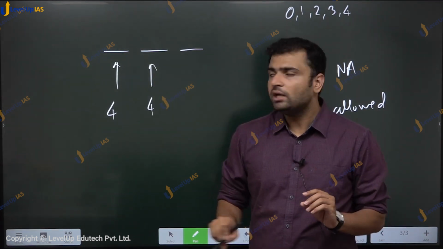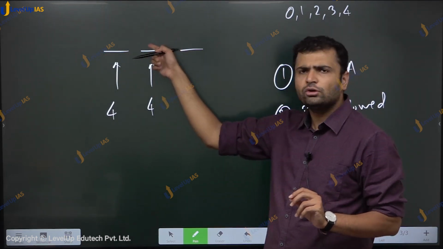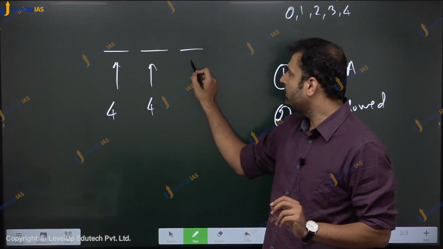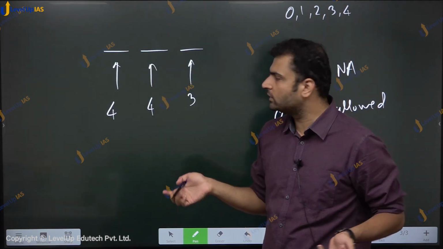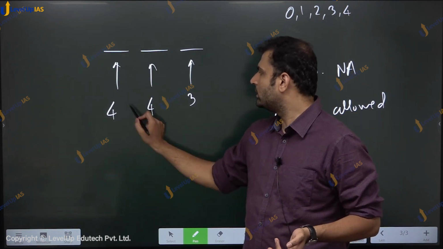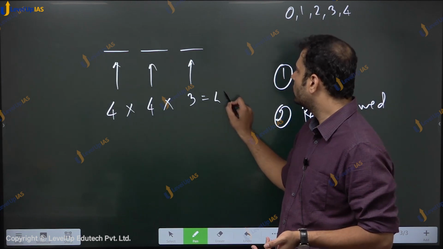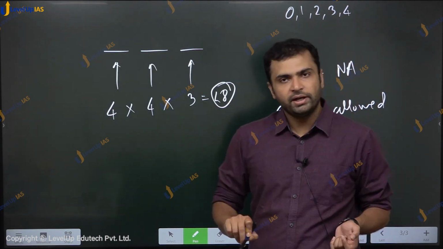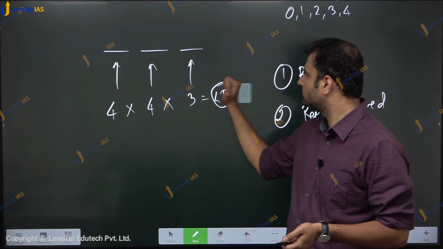Do you understand why? Because one of the non-zero digits is used here. So out of 5, 4 choices remain. And here 2 have been used. So 3 choices for this. So we have to choose hundreds place and the tens place and units place. So total choices 48. Fine. Question 1 का answer is 48. Next.